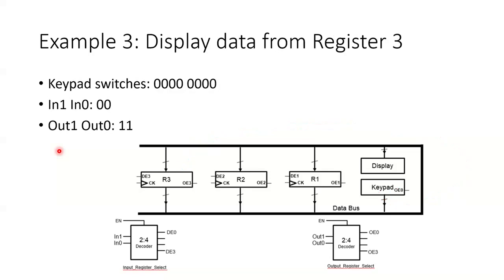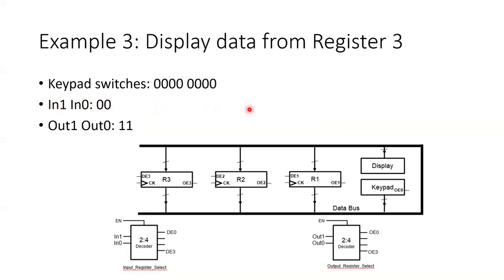Okay, now let's take the last example over here. Actually, this is last but one. So let's try to display data from register 3 now. We are not putting anything in the registers, so we can just remove any inputs from the keypad, and then we are not putting data in any register, so your in 1 in 0 is 0, right?